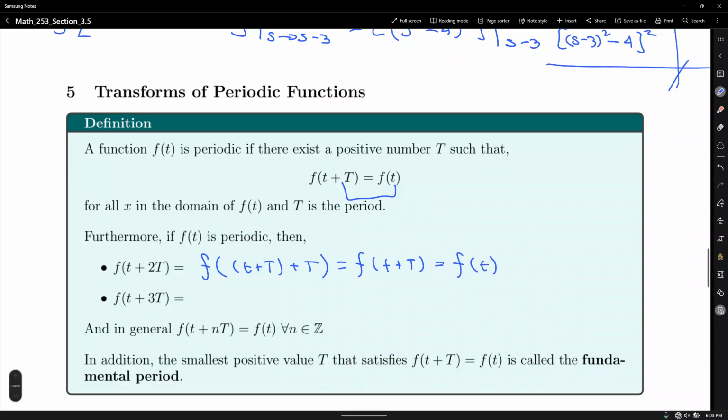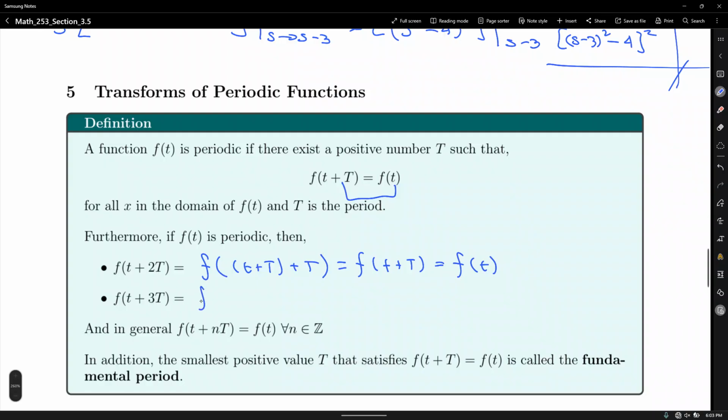It's like having the function sine t. You can evaluate sine of t plus 2 pi, or sine of t plus 4 pi, which at the same time is sine of t plus 2 pi plus 2 pi, and then all multiples of 2 pi. That essentially takes us back to the original function, because of the period.